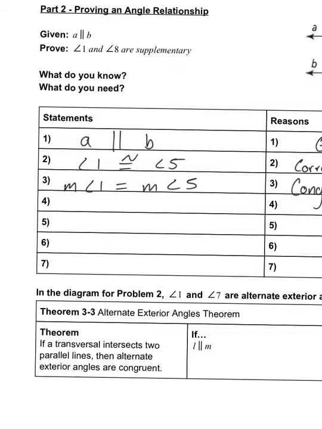So, what about angles 5 and 8? They're not corresponding, they're not alternate exterior, they're not alternate interior, and they're not same side interior. But those two angles together form a what?